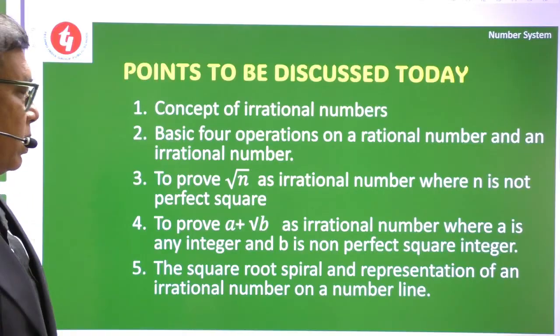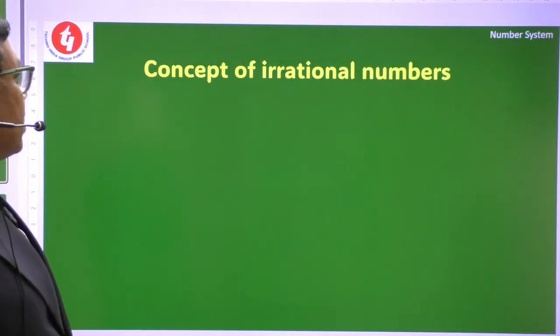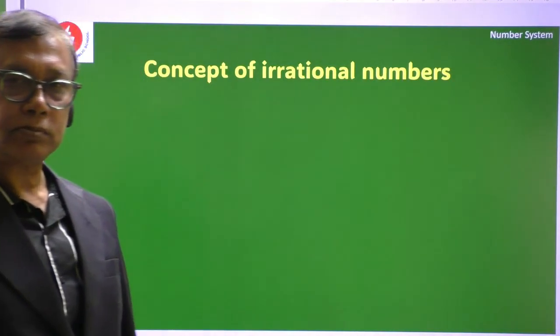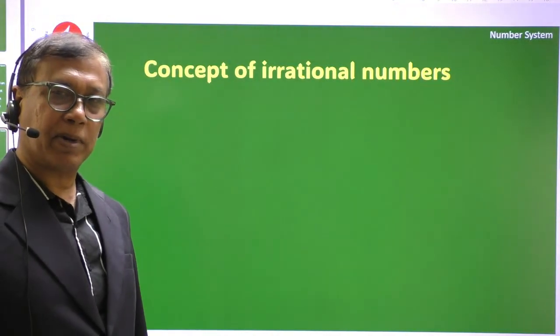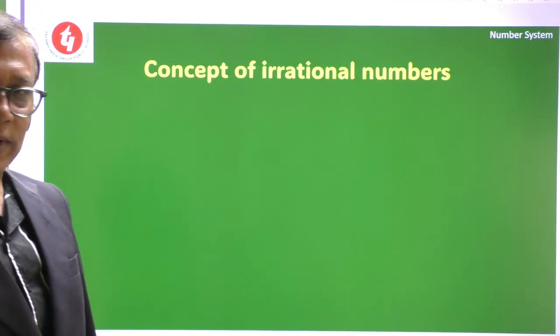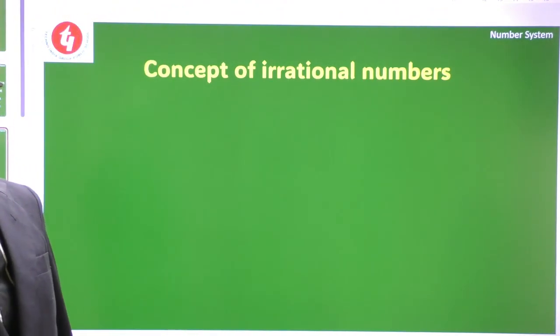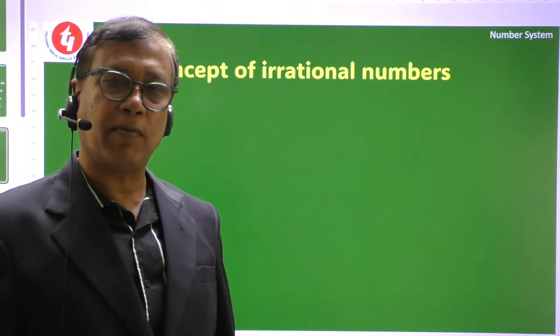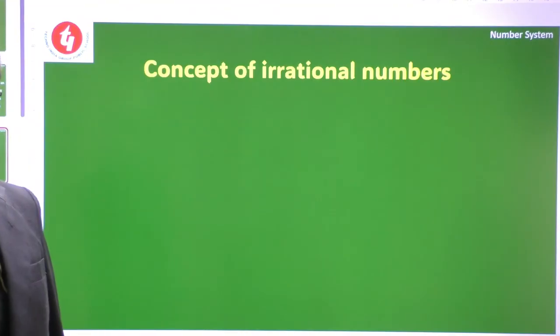Now first point, concept of irrational numbers. Already we have learned what is a rational number. A rational number can be expressed in the form of p by q, whereas an irrational number cannot be expressed in the form of p by q, where p and q are integers and q not equal to 0.